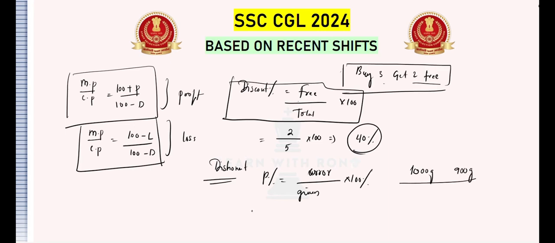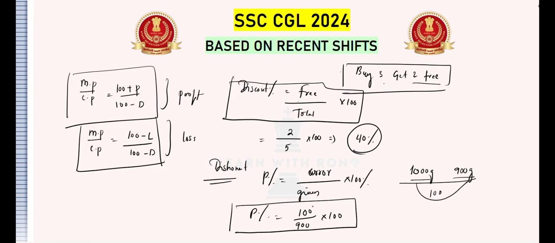So here, how much is the profit percentage? How much is the error here? He has to give 1000 grams, but he gave 900 grams. The difference, 100 grams, is our error. So 100 divided by how much is given, 900, multiplied by 100. This is the profit percentage here.